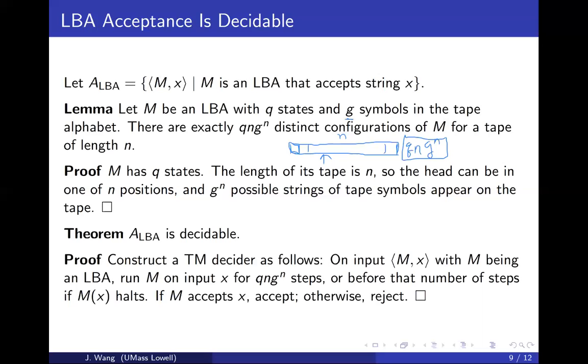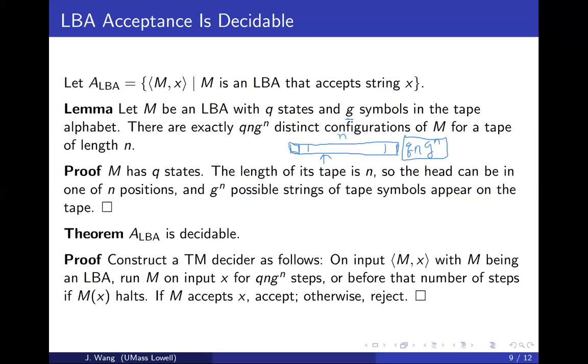Now on input M, comma x, this is an encoding, with M being a linear bounded automaton, run M on input x for q times n times g to the n steps, or before that number of steps if M on x halts.